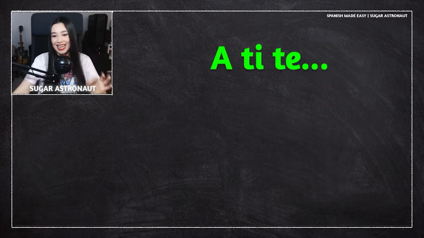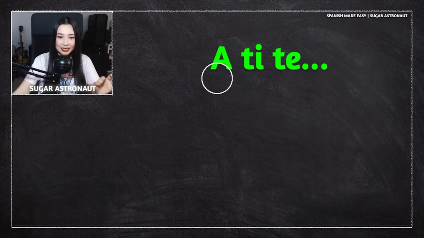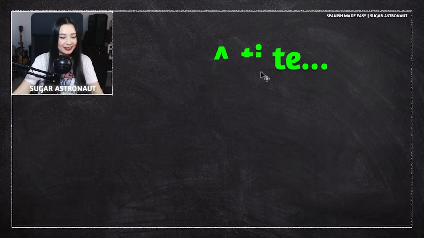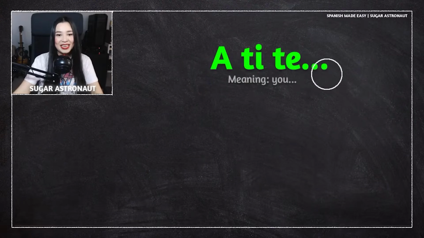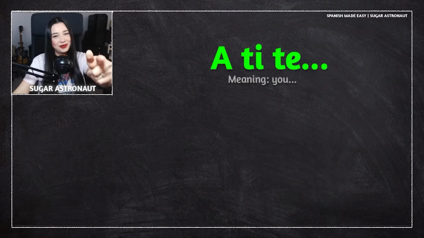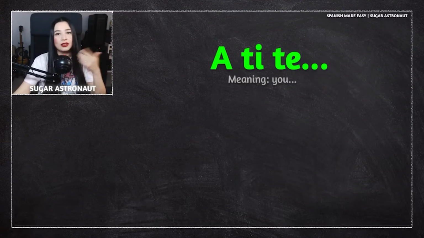A ti te means, oops, a ti te means, not that. It means you, just you. It's similar to saying tú, but in a more complex way, okay? A ti te.